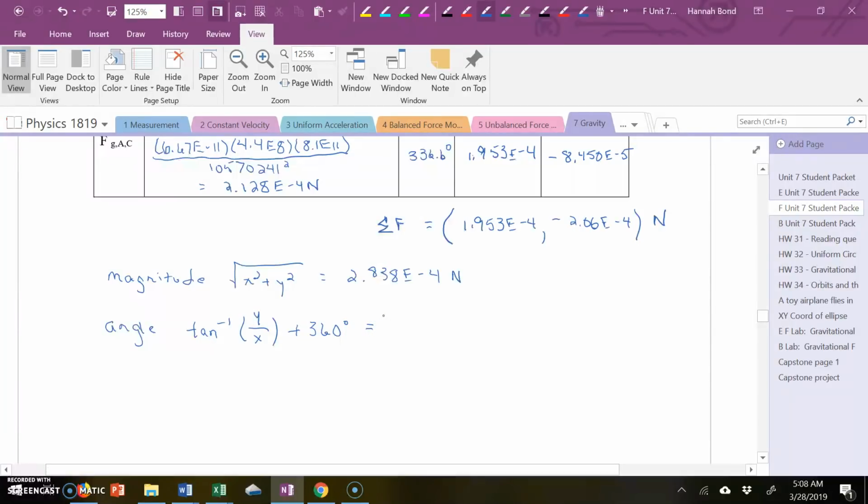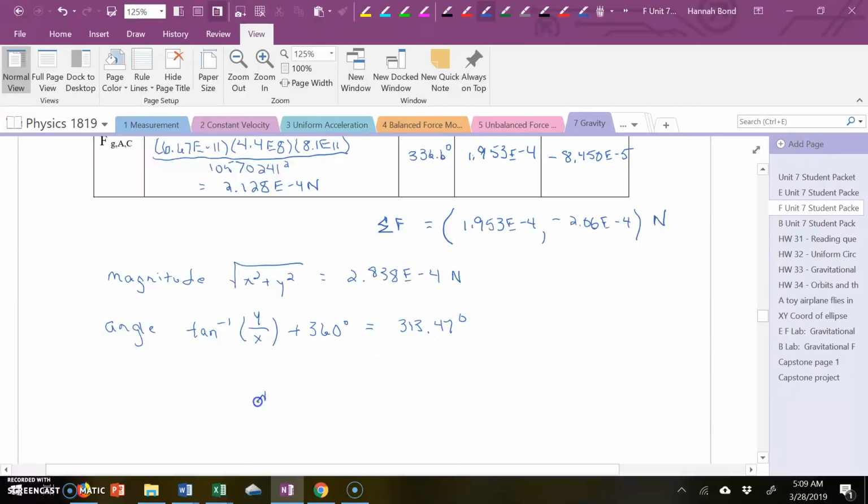Okay, so arctan of the negative 2.06 e to the negative fourth divided by the 1.953 e to the negative fourth. That gives me a negative 46.5, but I'm going to add 360 to it, and so we get an angle of 313.47 degrees.